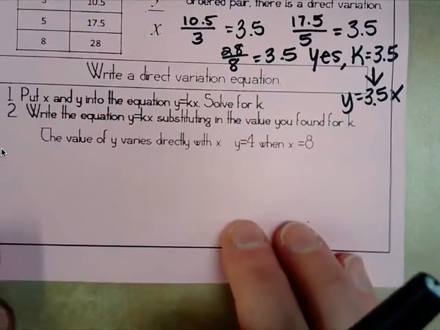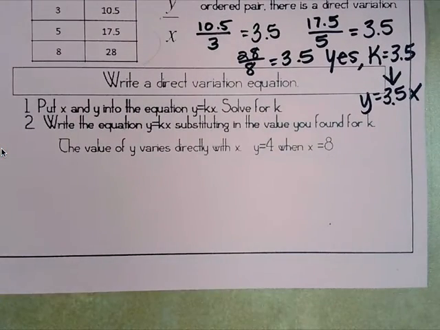All right, let's go to the next section. Write a direct variation equation. Put x and y into the equation. Solve for k. Write the equation y equals kx, substituting the value you found for k. The value of y varies directly with x.